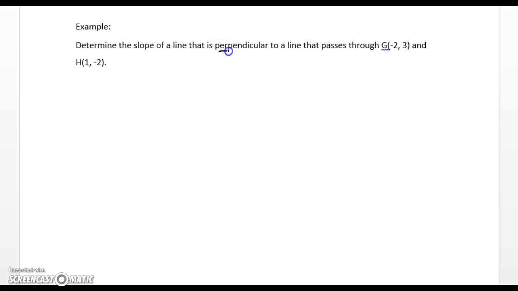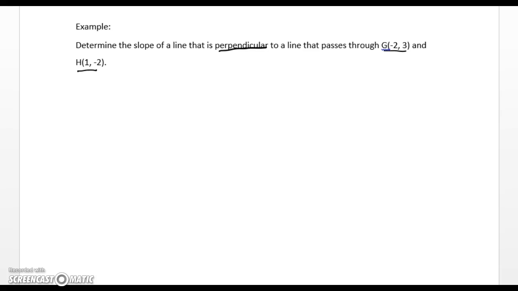We're trying to find the slope of a line that is perpendicular, which means that we must take the negative reciprocal of the slope of the line that passes through points G and H.